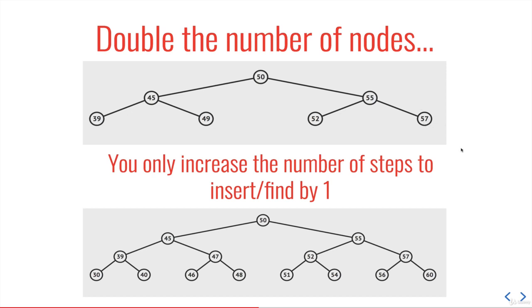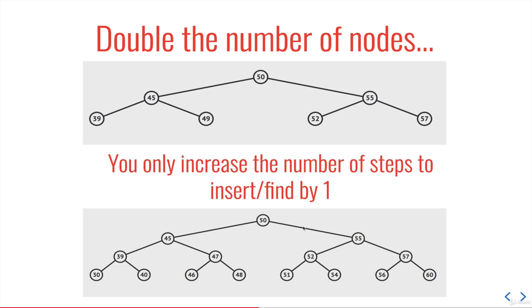Now, if we double the size of the tree, so this has double the nodes as the one above, it only has one more level down, one more step. Its height grows by 1. So even though it has double the nodes, we only have to take one more step.